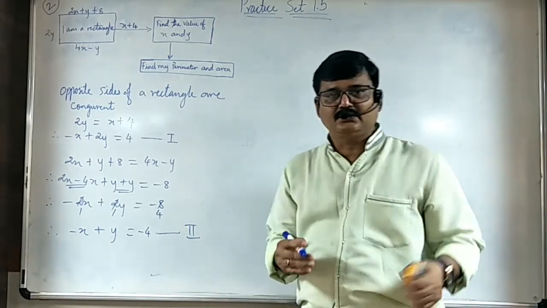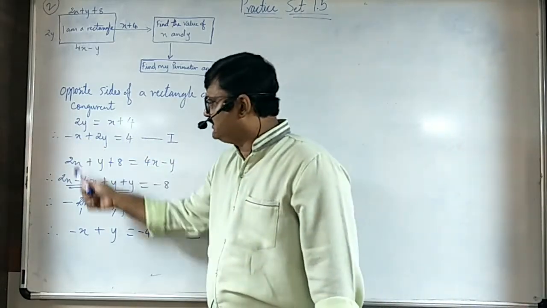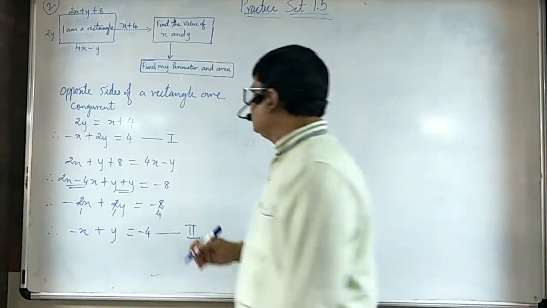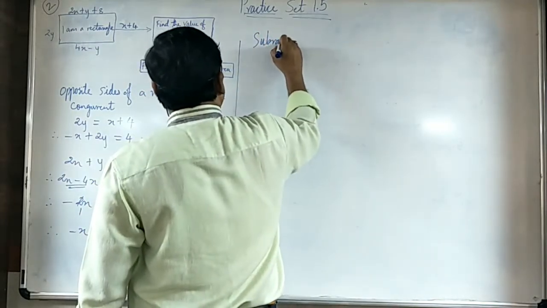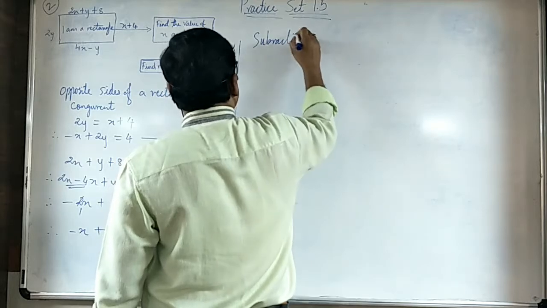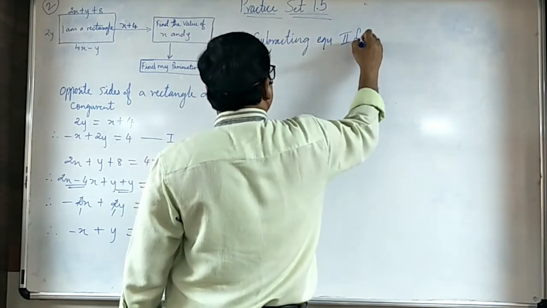You know that rule. Yes or no? So what should I do over there? Both are having minus x and minus x, so I have to subtract. Now I'll be writing, subtracting equation second from first.